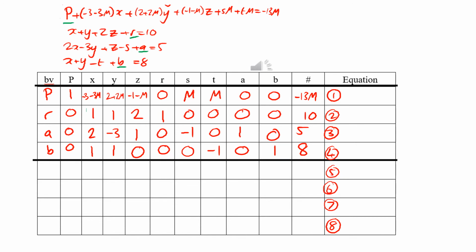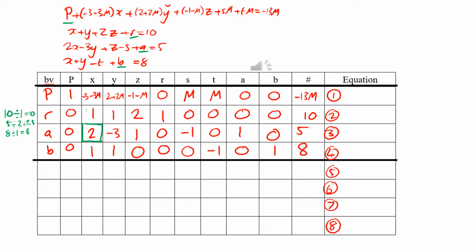So it's that column, and then we just need to actually do the calculation. So for our pivot choice, we're doing 10 divided by 1, we're doing 5 divided by 2, and we're doing 8 divided by 1. And the smallest of those, because we want to minimize that, is obviously our 5 divided by 2. So that's our pivot point there.